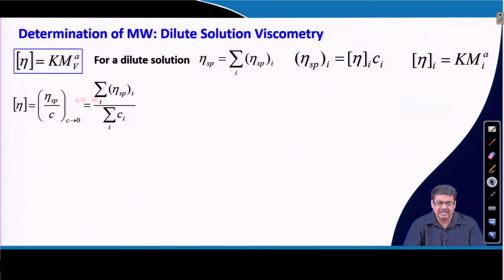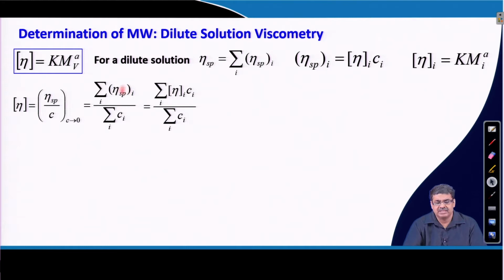Hence, we can write intrinsic viscosity as the summation of the intrinsic viscosity of individual molecules, and total concentration as the summation of the concentration of individual molecules.